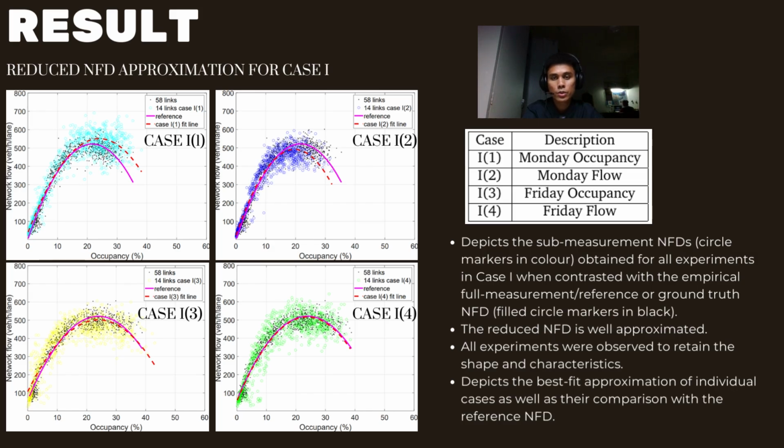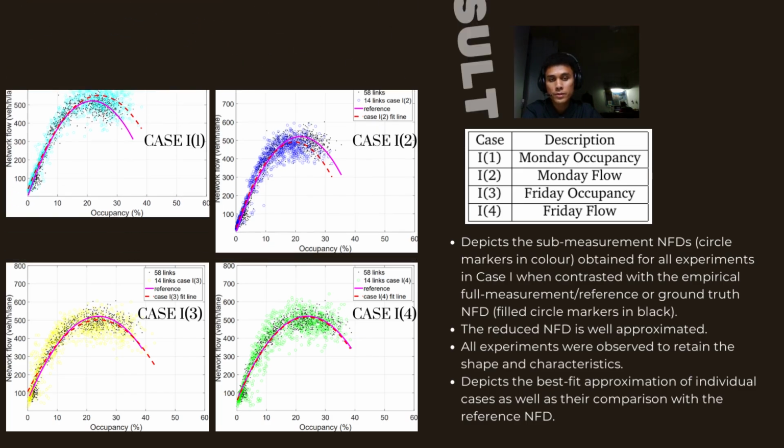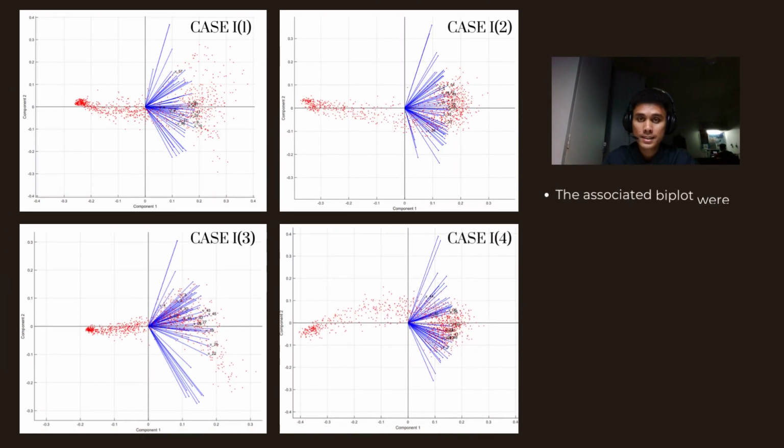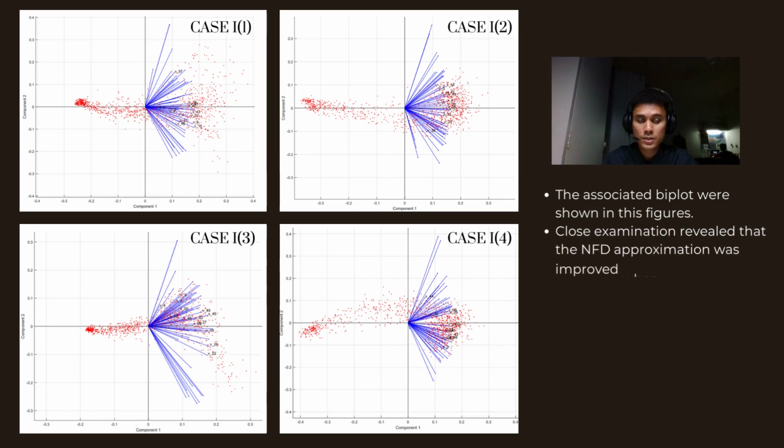This figure also depicts the best fit approximation of individual cases as well as their comparison with the reference NFD. Case 1 until 4 provide a good estimate based on eye observation. Meanwhile, the associated B-plot were shown in this figure.